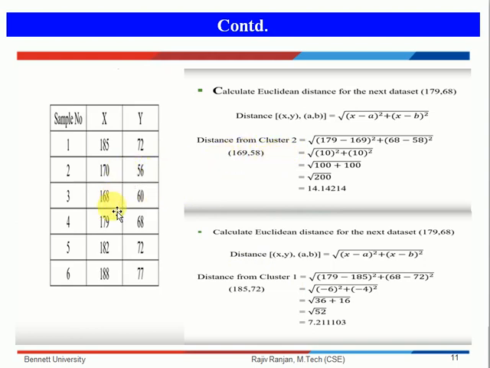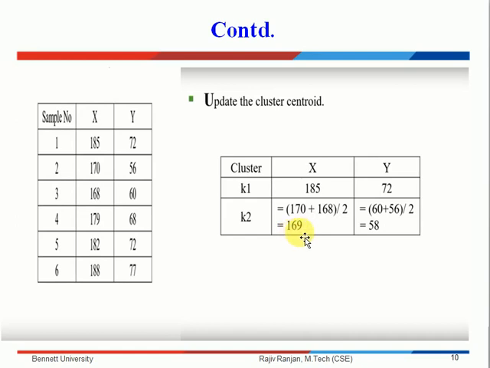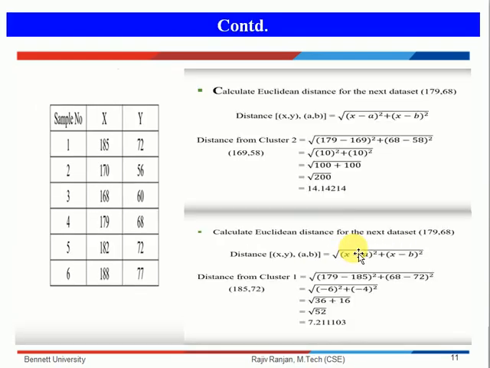For 179 minus 170, but we will not take 170, we have to remember that the updated centroid value is 169 and 58. So it is 179 minus the updated centroid value 169 and 68 minus the updated centroid value 58. After computing this equation we will get 14.14214.